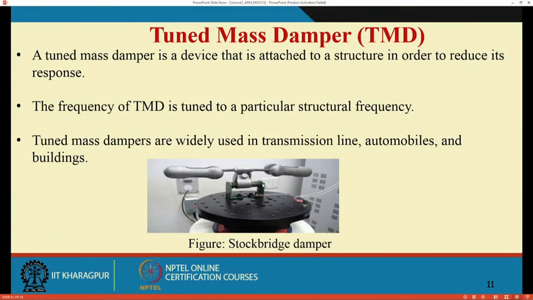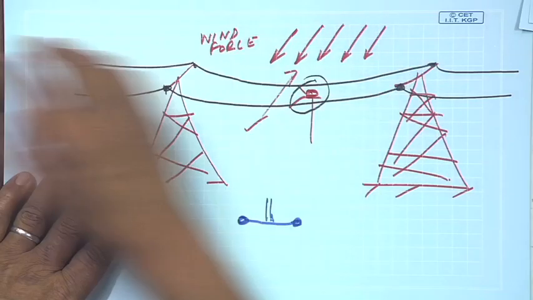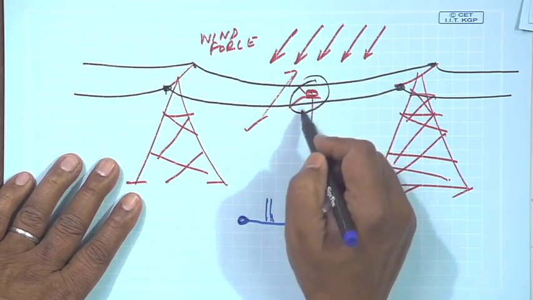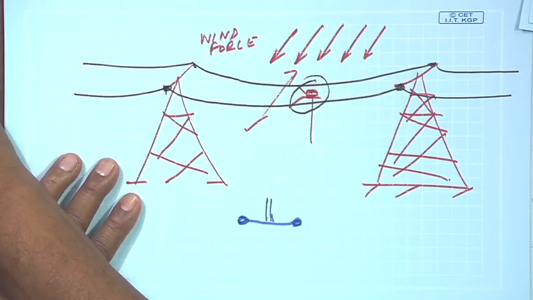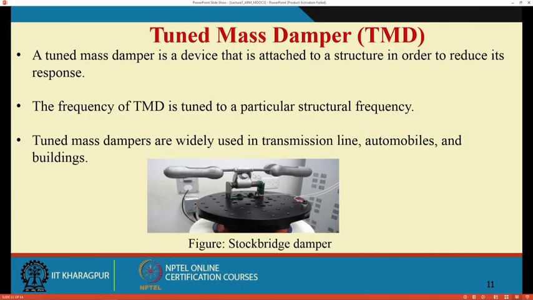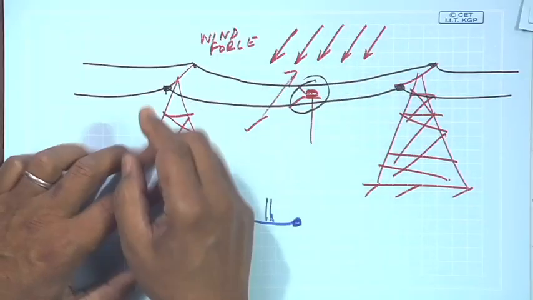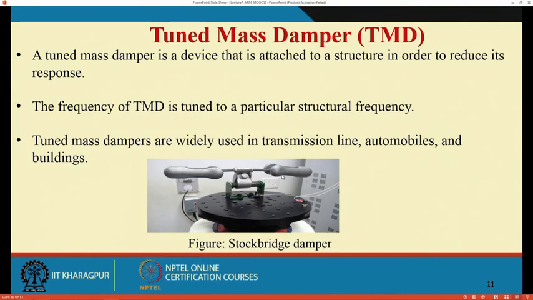So, in effect what happens, because of a large wind force, the cable would not vibrate, rather these would vibrate at their resonance frequencies, and these are usually designed for frequencies, when somebody talks about wind forces, predominantly anywhere from 8 hertz to about 30 or 40 hertz. Okay. So, tuned mass dampers, this is one example. The other one was the example of a drive line of an automobile.